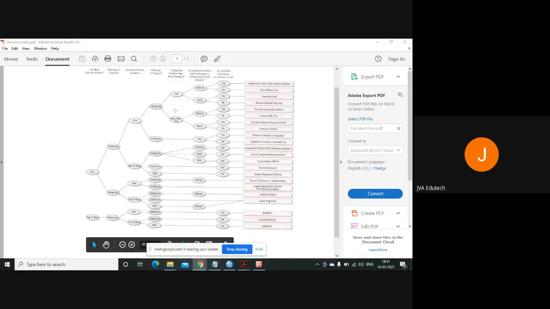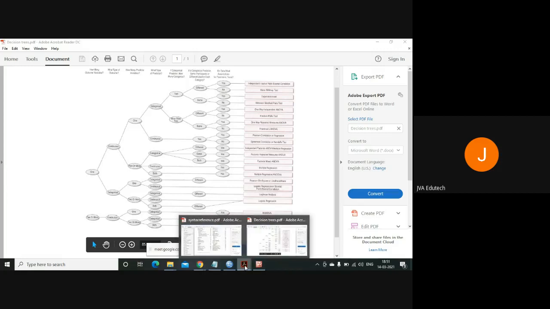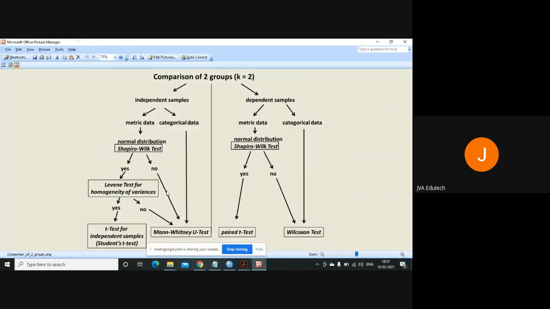I will share with you this decision tree. I'm just taking one simple example of how we use the decision tree. Now the second case is if you have dependent samples, meaning the categories that you have are from the same population, they are not different in nature. Then again you will check whether your data is categorical.